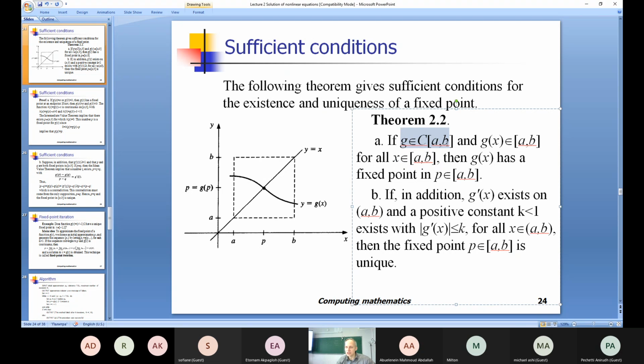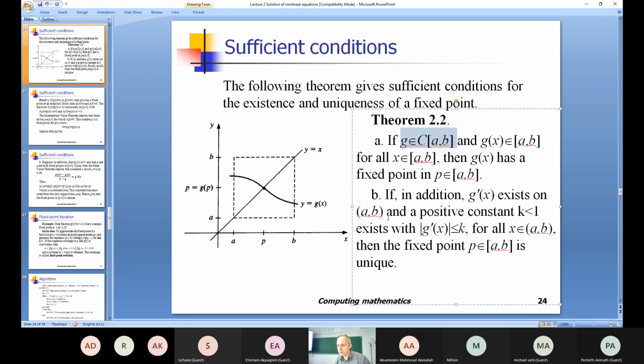And the function is continuous. So it means that there are no jumps, no gaps in the function. So the function can look like this, for example, g of x. The values of g of x are between a and b, and this function is continuous. And this theorem tells us that the function g of x has a fixed point.